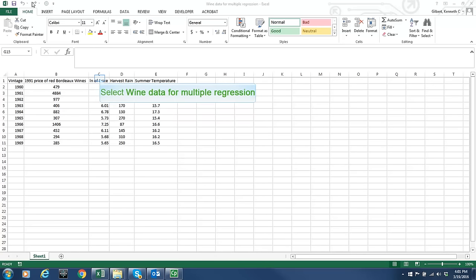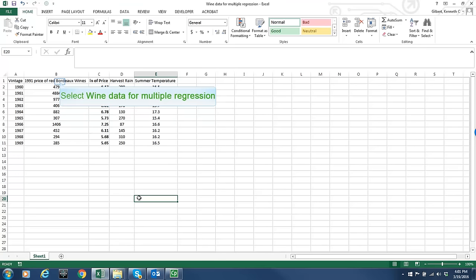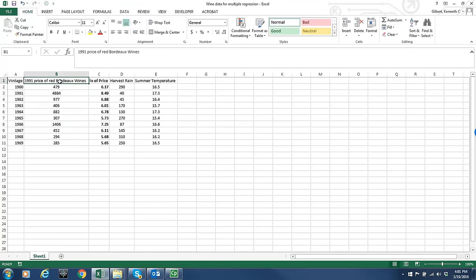So right off the bat, I'm going to point out one thing that's not the point of this lecture, and something that you don't need to understand. I'm just pointing it out for your information. If we were to do a histogram or scatter plot or whatever to analyze the prices that are listed in column B there, you'd notice something very funny about them.